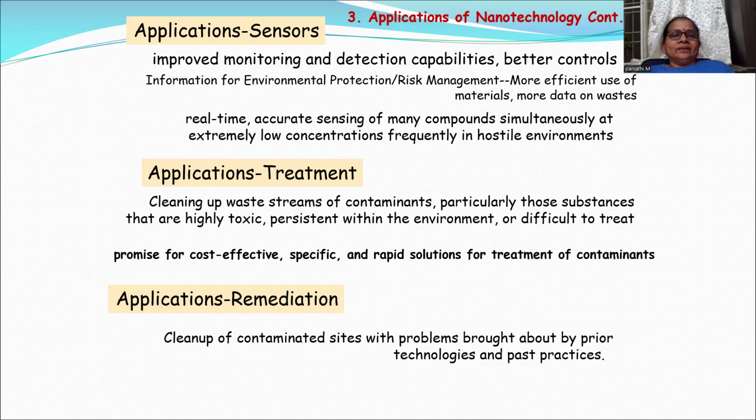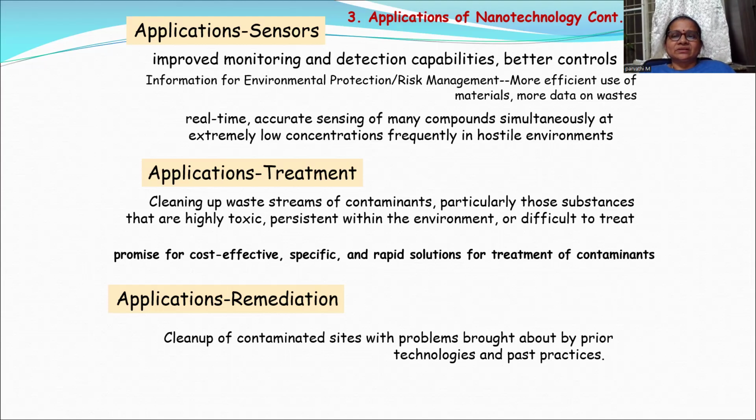Similarly, coming to treatment, like cleaning up of waste streams of contaminants, particularly those substances that are highly toxic. During that time, intervention of humans will get reduced, but only based on the type of material used for making such applications.